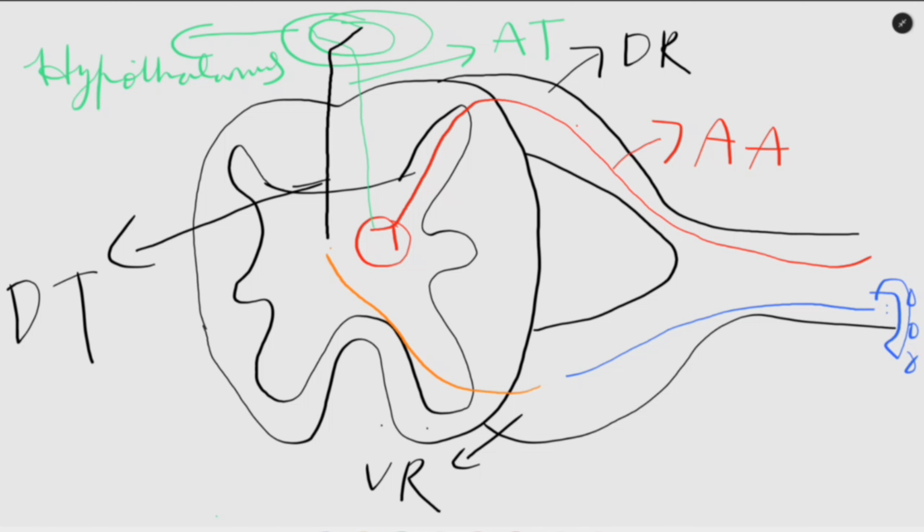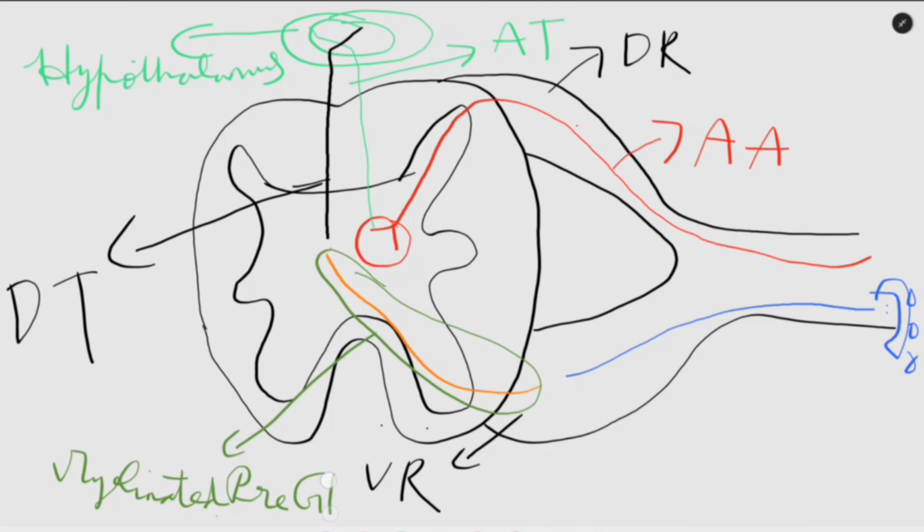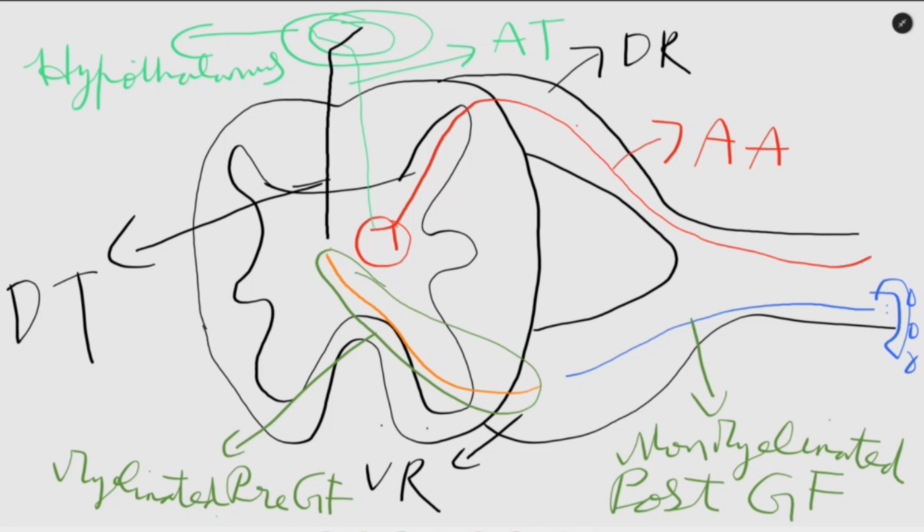Autonomic efferents have two components. One is a myelinated preganglionic fiber and another is a non-myelinated postganglionic fiber. The junction between the myelinated preganglionic fiber and the non-myelinated postganglionic fiber is known as a ganglion. Don't get confused with ganglia.